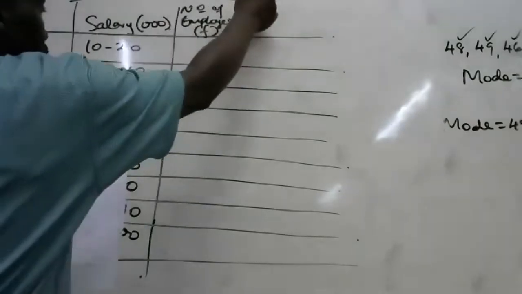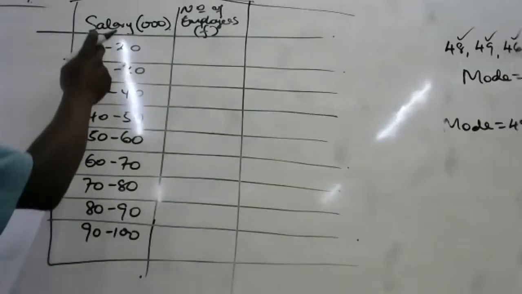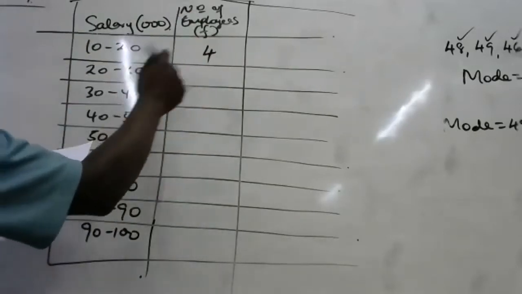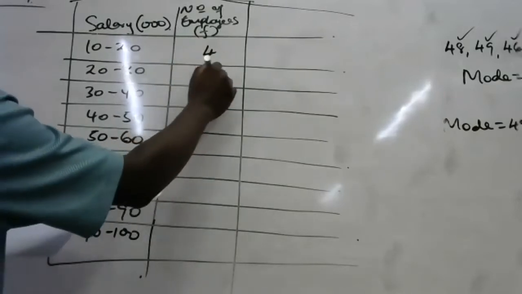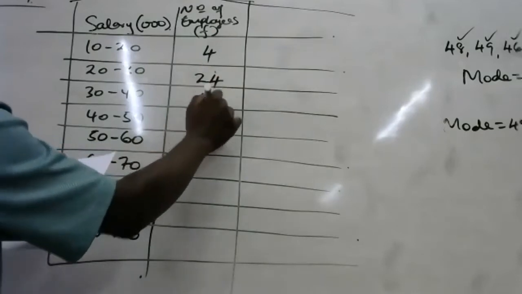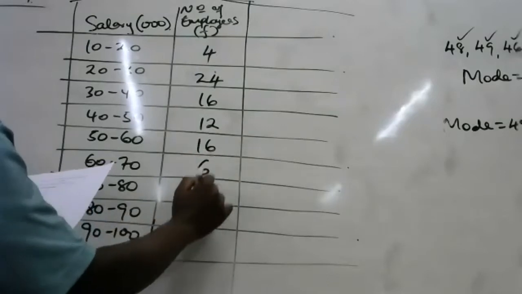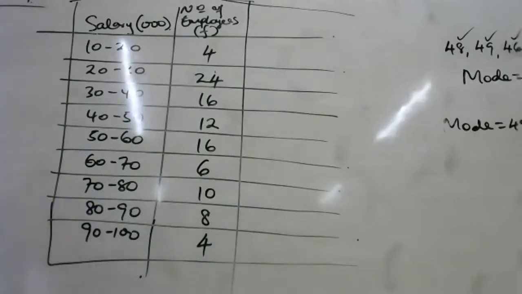Those who are earning from 10,000 to 20,000 are 4 employees. 20,000 to 30,000, they are 24. Then 16, 12, 16, 6, 10, 8, 4. Those are the frequencies.